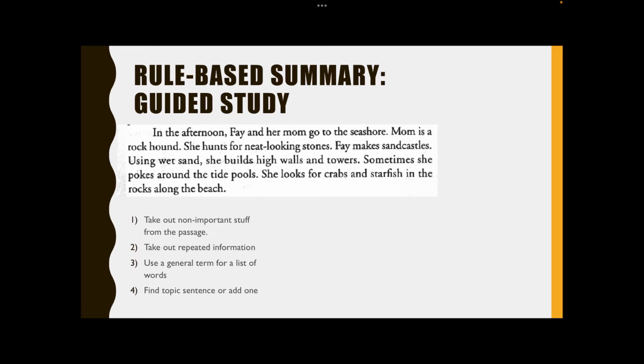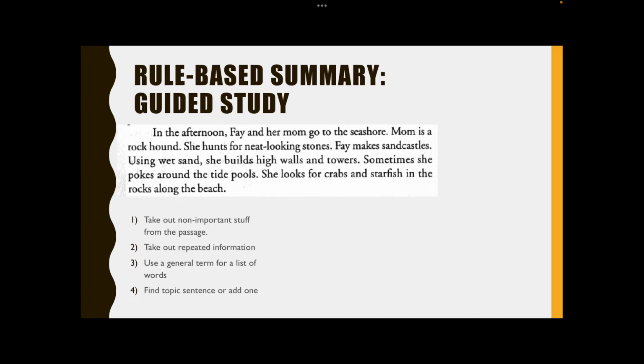Yes, that it's afternoon. For this little information, the fact that it's afternoon is not necessarily important. Yes, that the mom is a rock hound is repetitive because it says in the next sentence that she hunts for neat-looking stones.